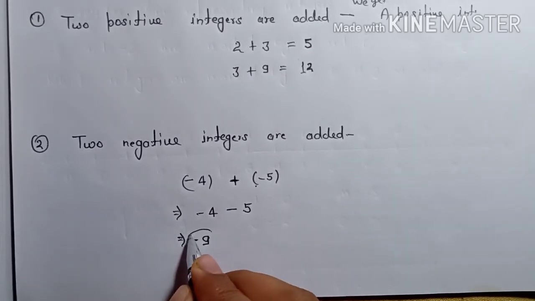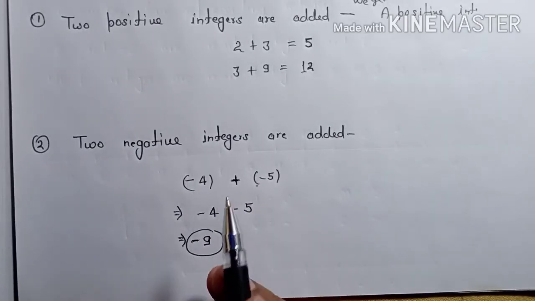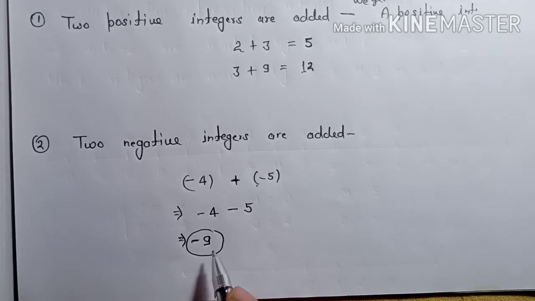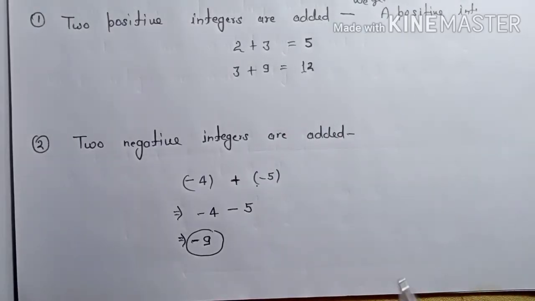So you can observe one thing here, that when we add two negative integers, the result is again a negative integer. When you add two positive integers, the result is a positive integer, and when you add two negative integers or more than two negative integers, the result is a negative integer.